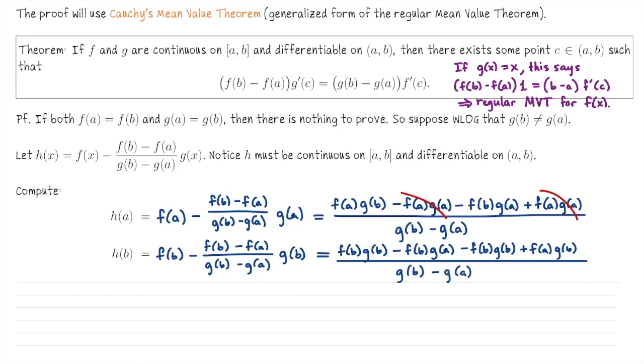Okay, so once again we can cancel out two terms. We have an f of b g of b minus f of b g of b. So now if I compare the top and the bottom, we have positive f of a g of b minus f of b g of a in both, and in fact these are equal.